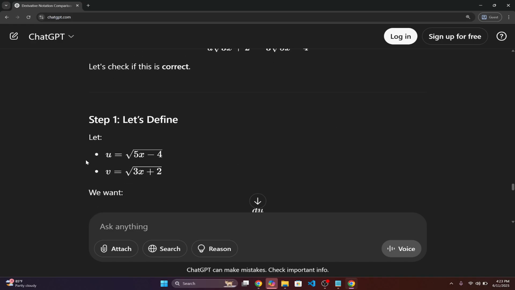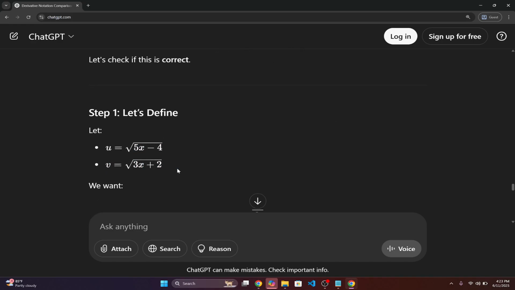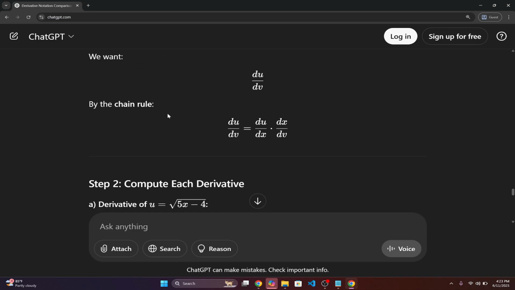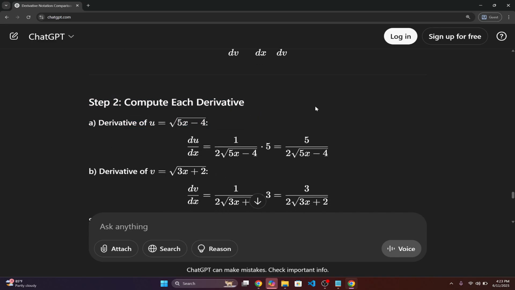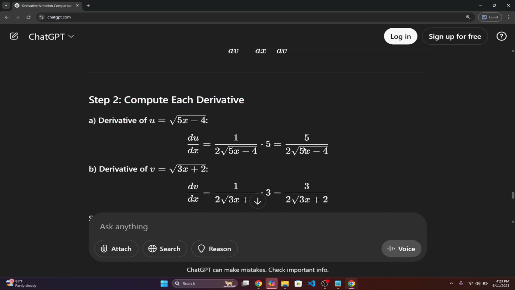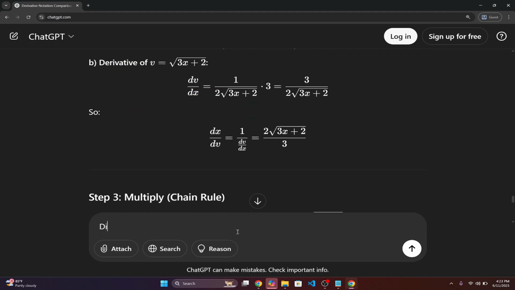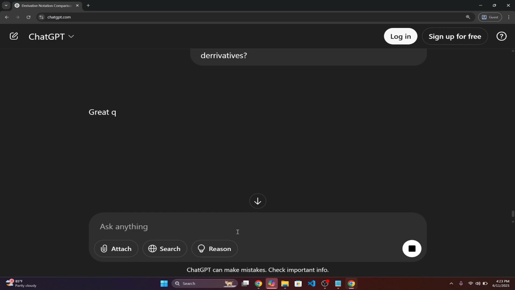So let's define u equals this, and d over dv, by the chain rule, d over dv is equal to du over dx times dx over dv. Compute each derivative. I think it also used the same thing. Great question.